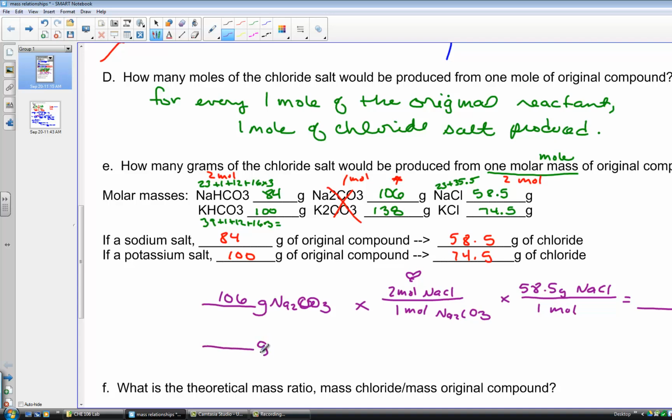If you had 100 grams, whoops, this is not part of pre-lab, but it's allowing me to prep up in case you get a carbonate.